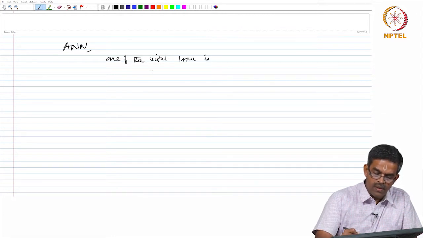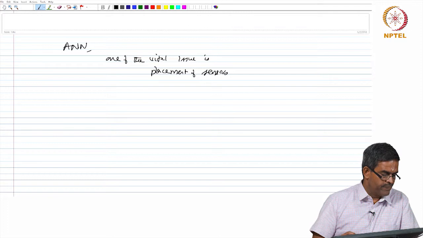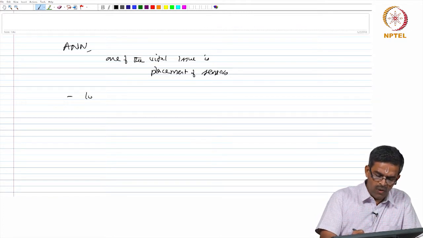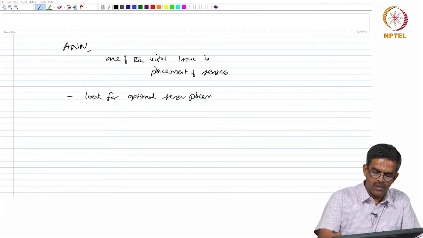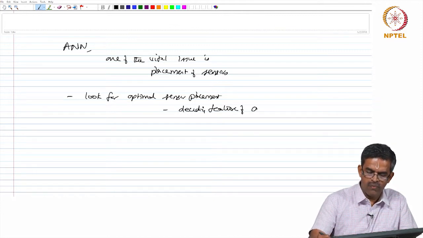In artificial neural network, one of the vital issues is placement of sensors. So, one needs to look for an optimal sensor placement, because that is the deciding feature of successful damage detection, is it not?